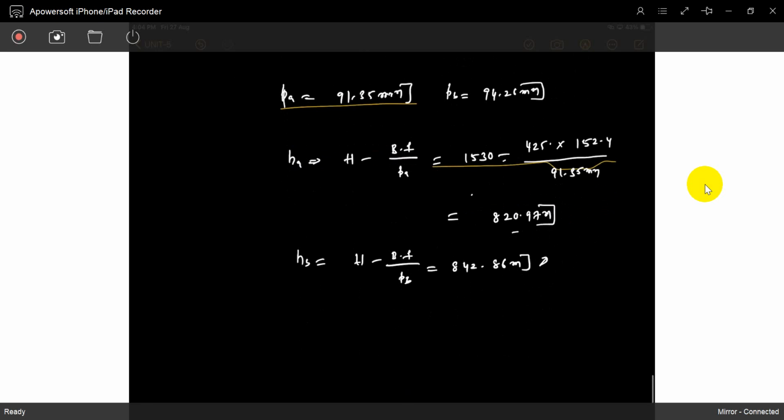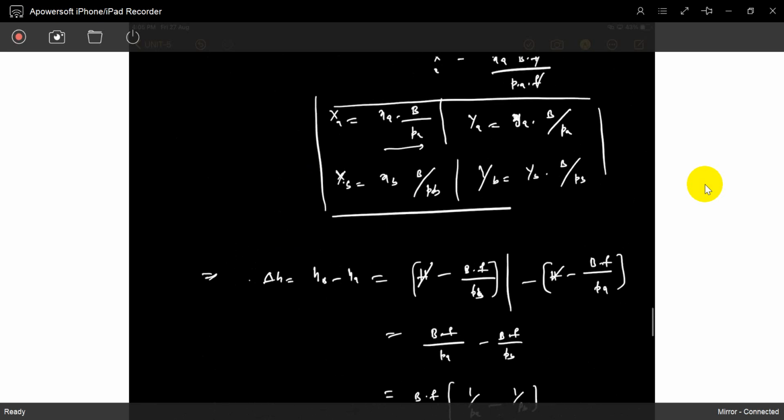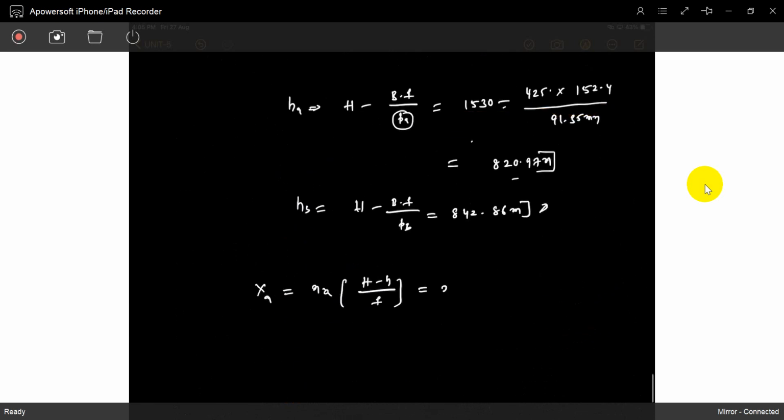So they ask for the other coordinates also, the ground coordinates XA, capital X. Small a, H minus h by F. In this we find the accurate value based on the parallax error. So based on the parallax error, what we derived is exactly XA equals B times xa divided by PA.